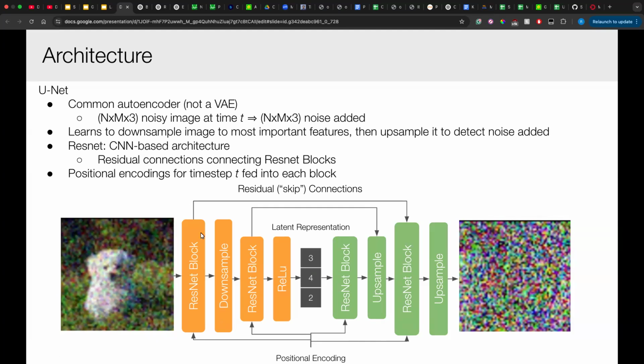It follows the encoder decoder structure. The orange section is the encoding, or downsampling, steps, where we break down our high dimensional image and shrink it down to a small latent representation. Then we have the upsampling, or decoder, steps, where we project that back up into a large high dimensional image.